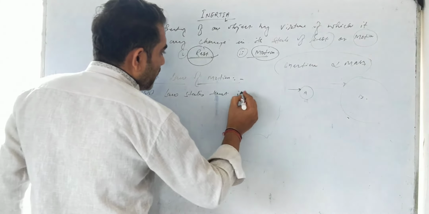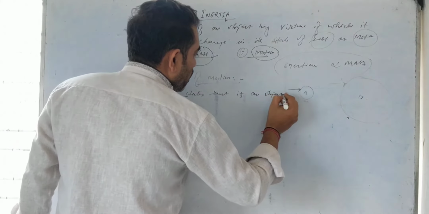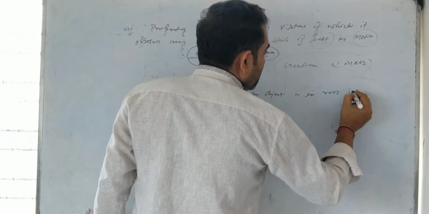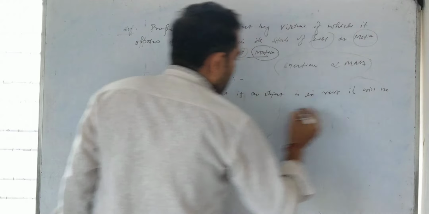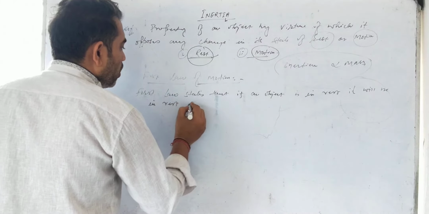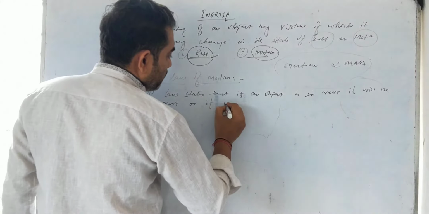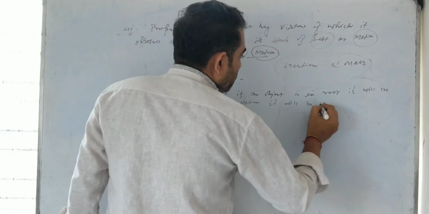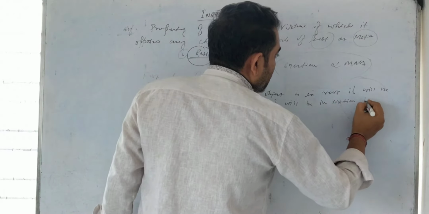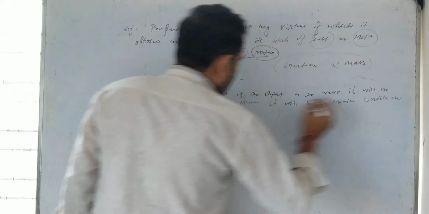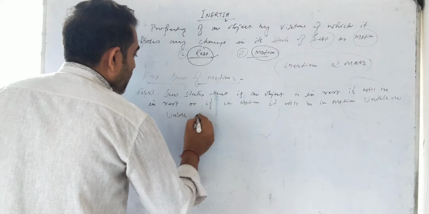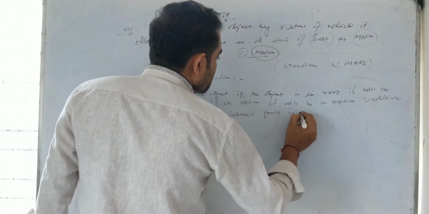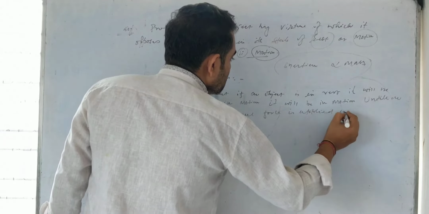that if an object is at rest, it will be at rest, or if in motion, it will be in motion until and unless an external force is applied to change that state.